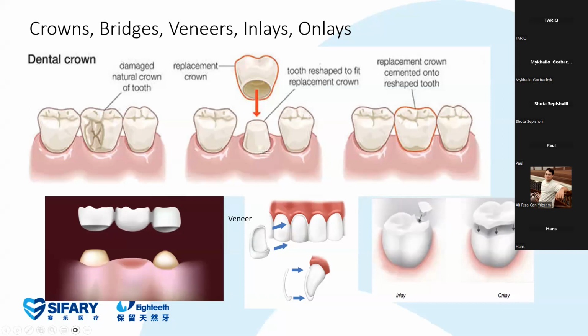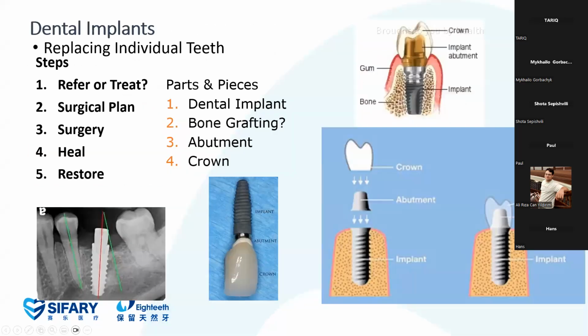And what else? Let's go to dental implants. Maybe you even have one, but I'm going to highlight the pieces of the implants. The implant is inserted into the bone. On top of the implant, there is an abutment piece. We call it an abutment. It's like a reshaped tooth.